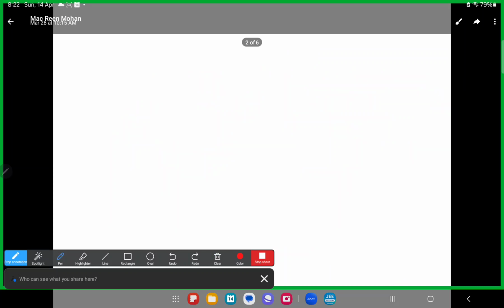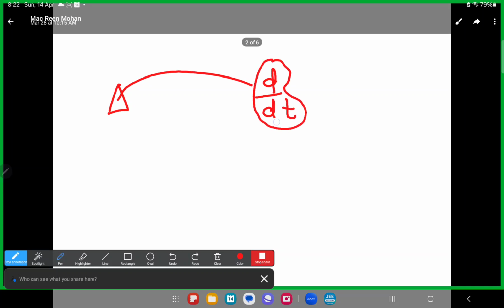So delta converts into d, like here d by dt, let's say. So d by dt is the operator. Fine. So you had better remember d by dt of x.